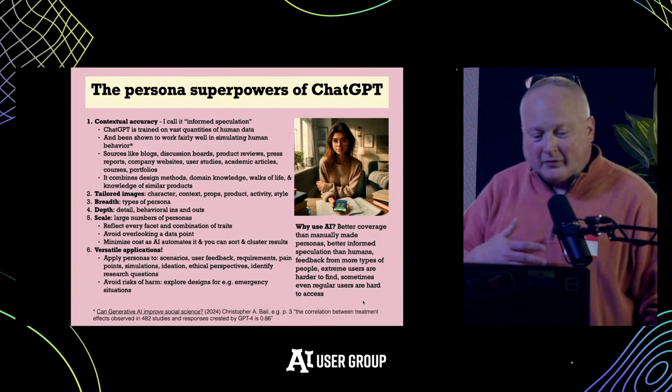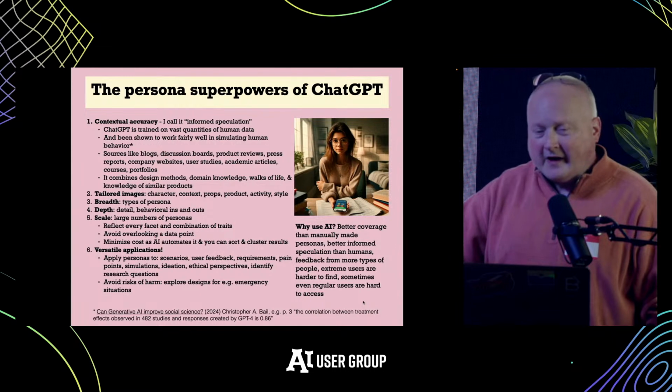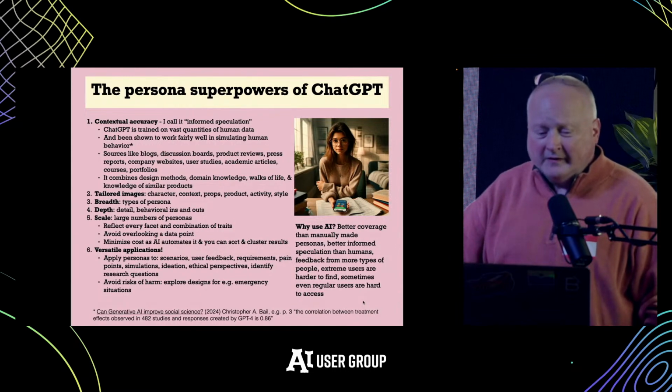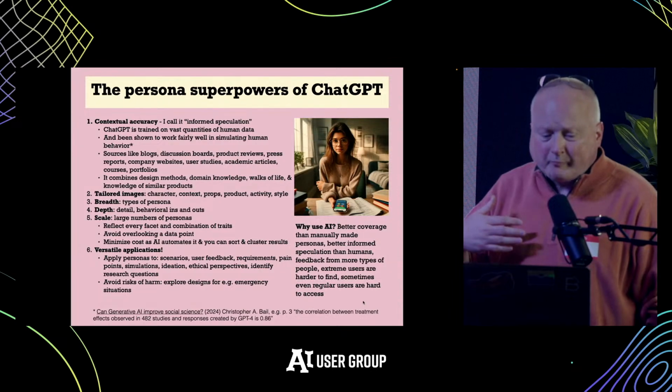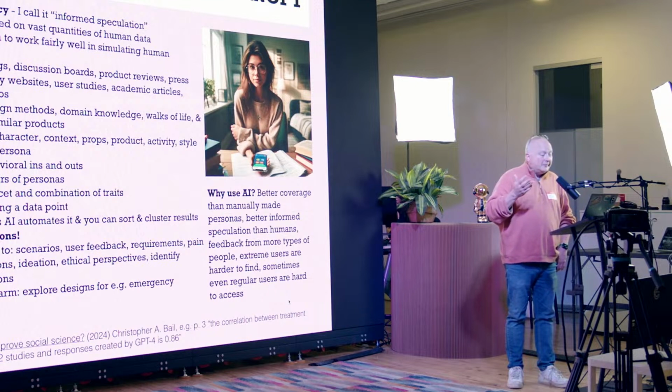And it learns from academic articles, from courses, from people's design portfolios. And so it really actually has a ton of data to base its projections on. And it can combine its knowledge of design methods, its domain knowledge, how people live their lives, and knowledge of similar products, and it combines all that to get really great accuracy.